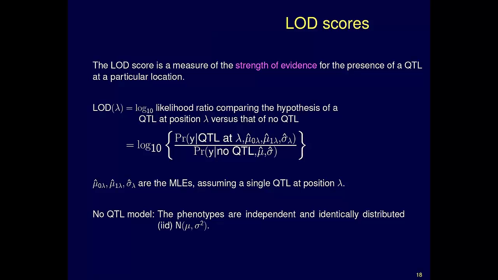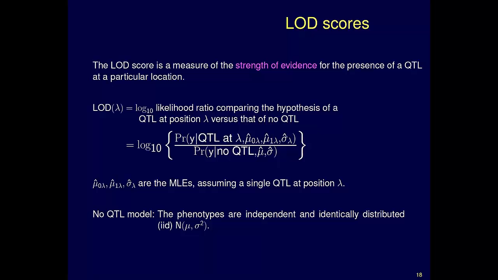The LOD score is the probability of the data if there's one and only one QTL at a given location, given my final estimates of all these parameters, divided by the probability of the data if there were no QTL at all anywhere, in which case I assume all the phenotypes just follow some common normal distribution. Take the log base 10 of this likelihood ratio, and that's the LOD score.